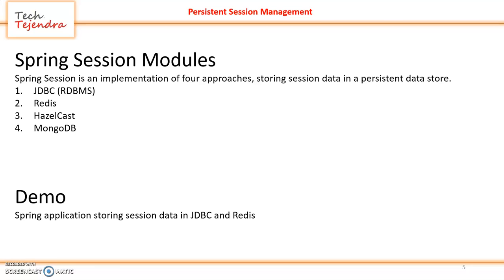Other NoSQL databases like Cloudant are currently not supported; Spring is supporting only MongoDB. But for the first one, JDBC, you can use all kinds of RDBMS to store sessions, whether it is Postgres, MySQL, Oracle, DB2, or any other.